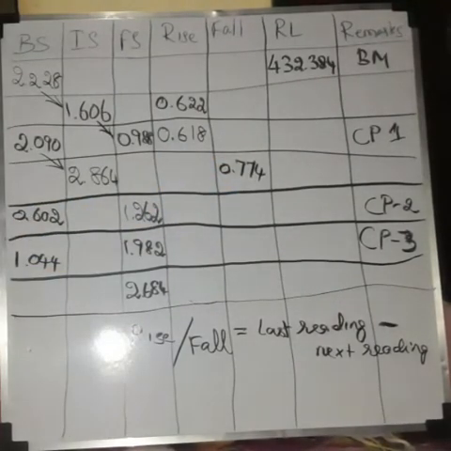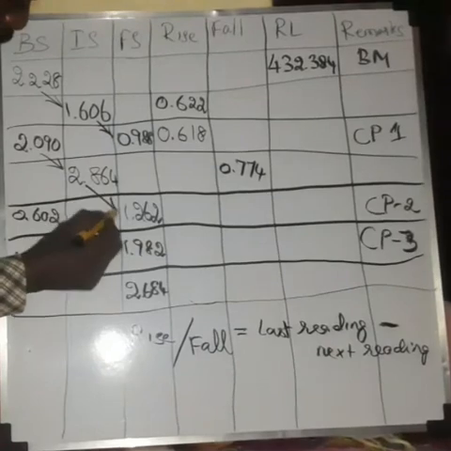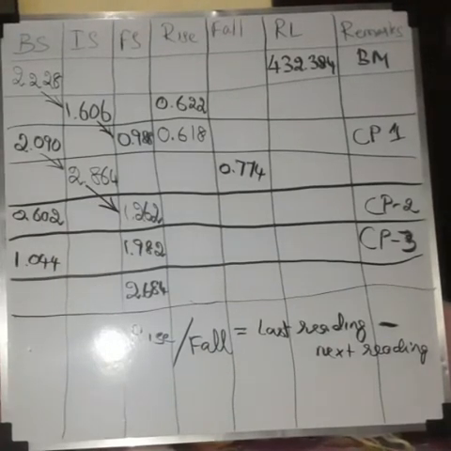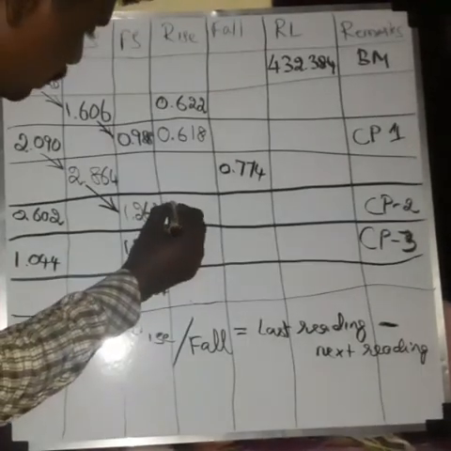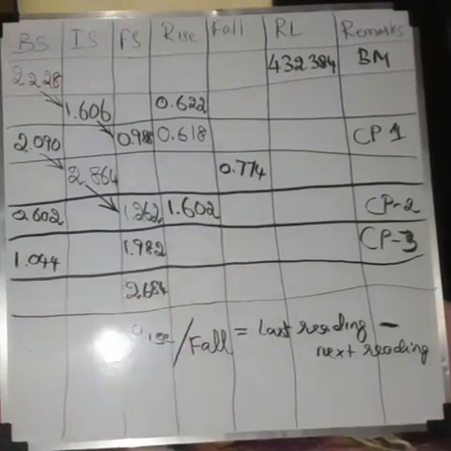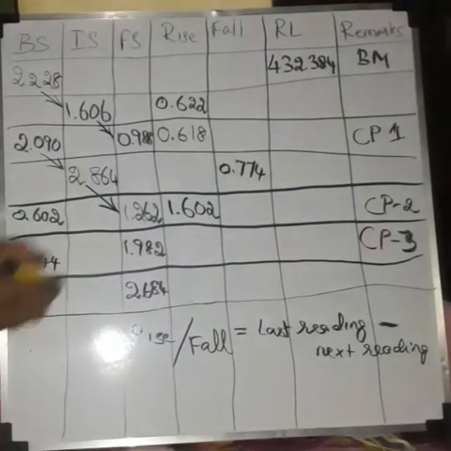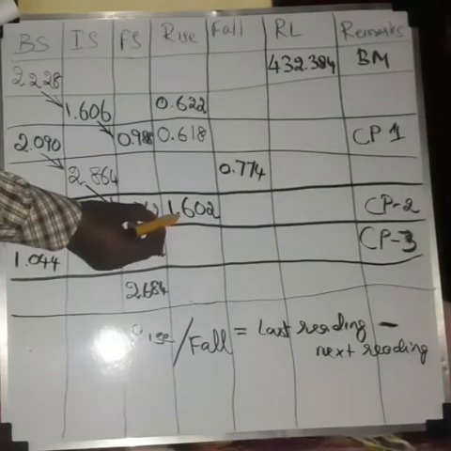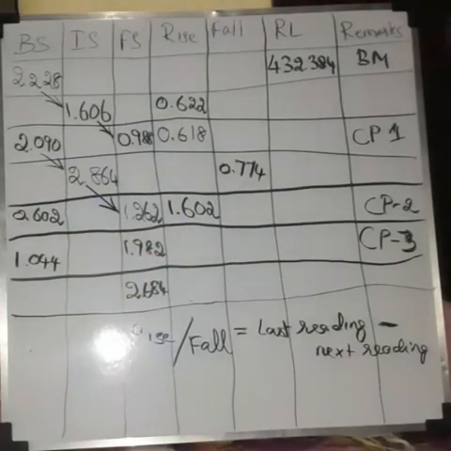Next, the difference between these two values: 2.864 minus 1.262 is equal to plus 1.602. The value is positive, so it is a rise. I entered the value into the rise column.